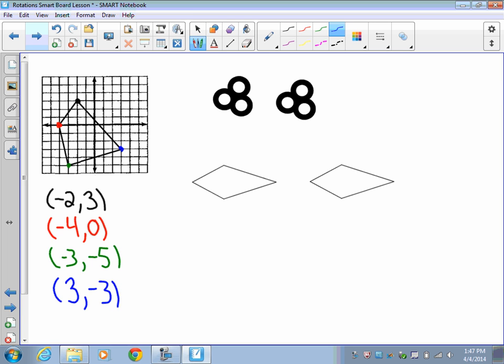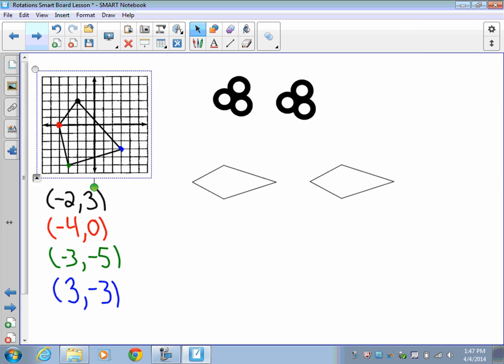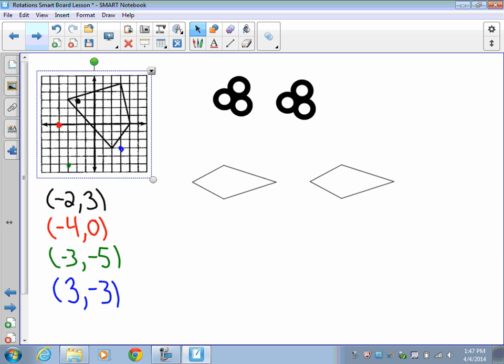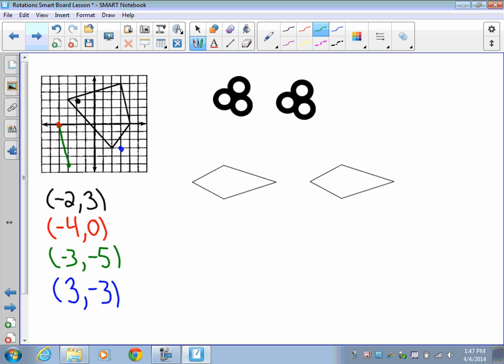So I did my best to put everything in the center, so the origin in the center. And because I did a pretty good job, I see my points are already mapped perfectly. So the way the shape will look will be just like this. That is a rotation of 180 degrees about the origin.